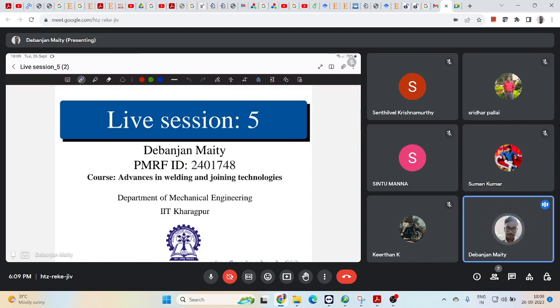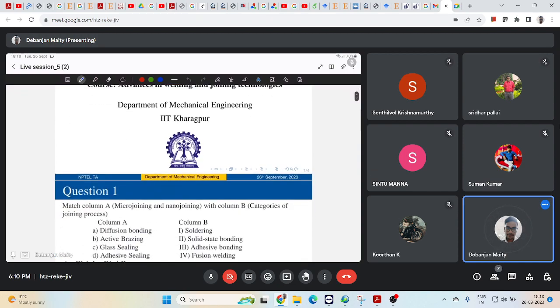Then we will try to understand the fundamentals of fusion microwelding, and at the end of the session, we'll also have some numericals. So let's start then.